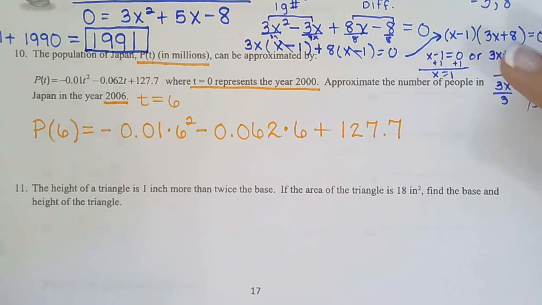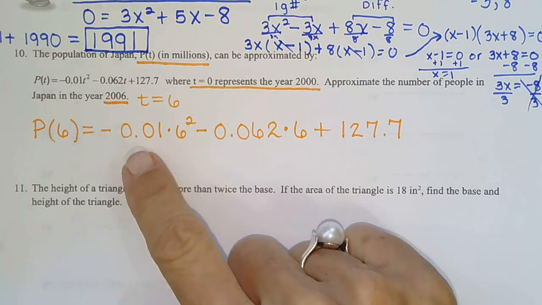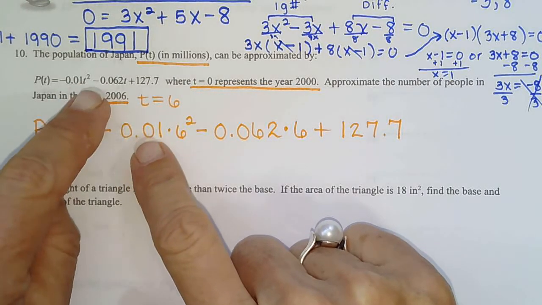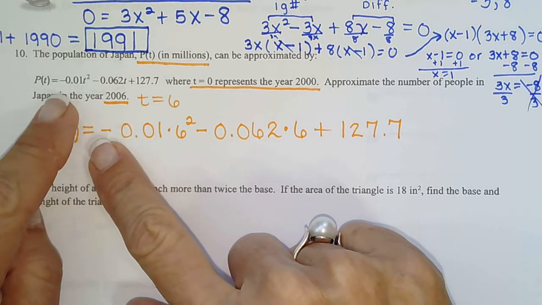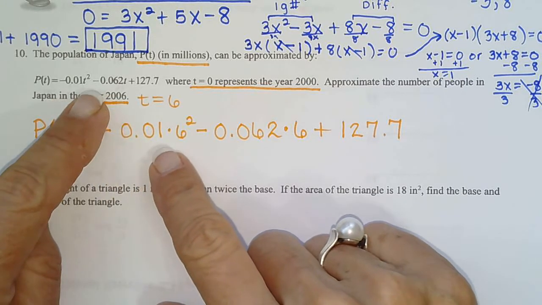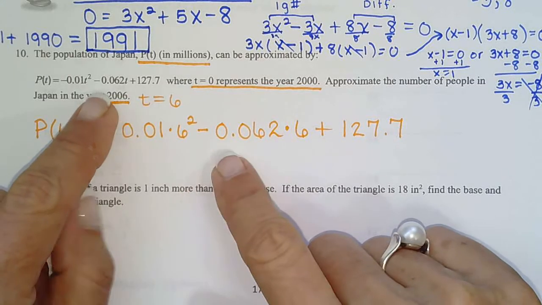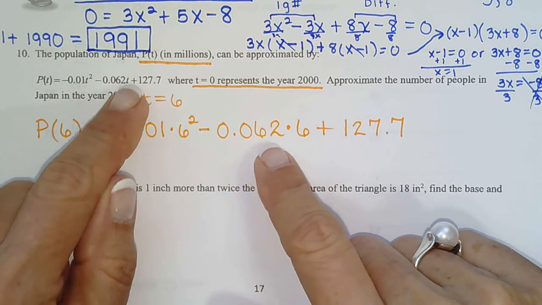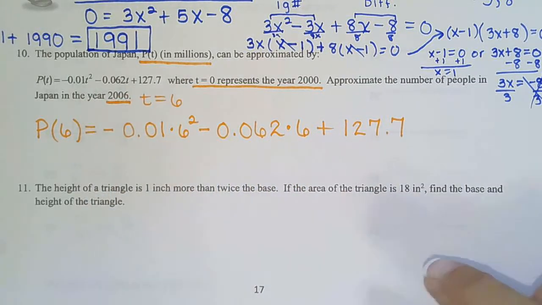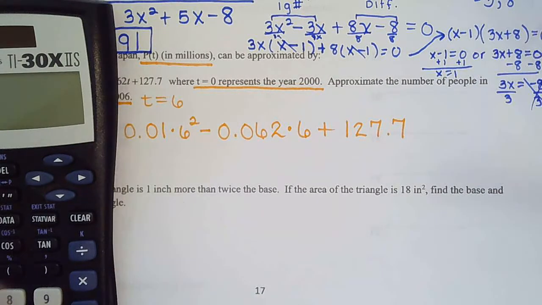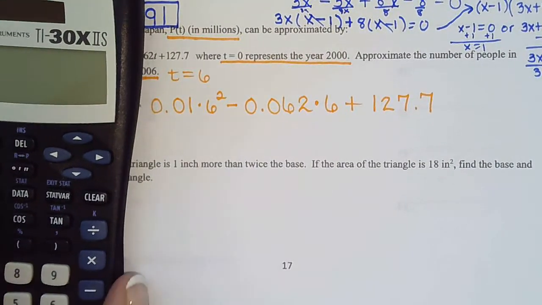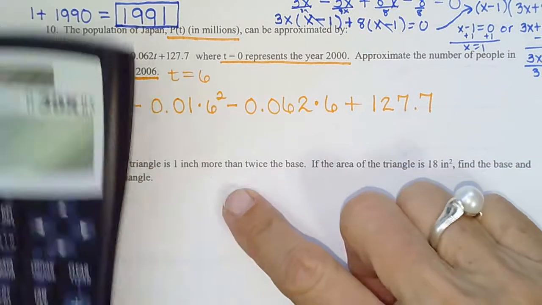So that is my equation. Now I just have to plug it in. So let's just check and make sure everything looks good. So negative 0.01 times 6 squared minus 0.062 times 6. Yep. So now we just plug it into the calculator and it does its magic and gives us the answer.